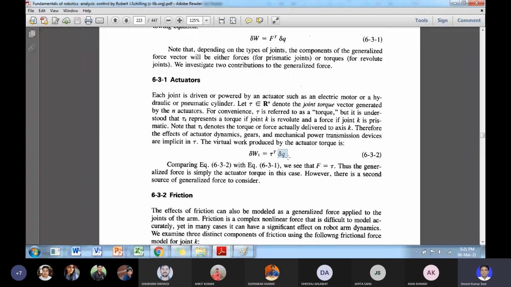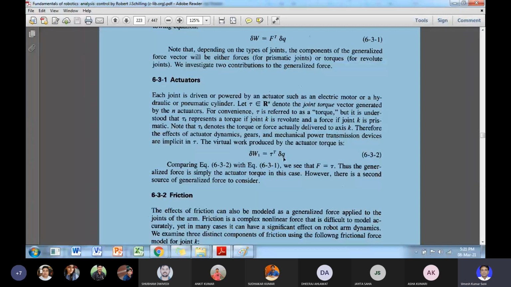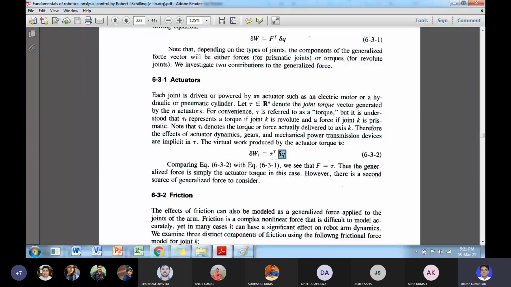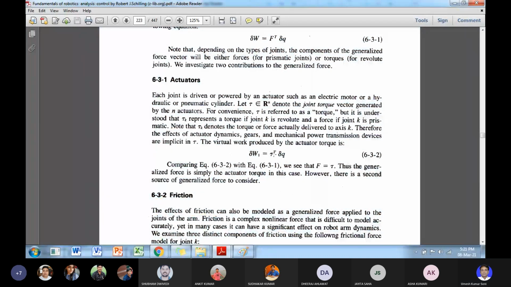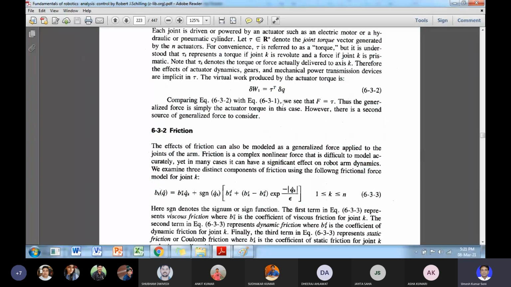Suppose we want to calculate the angles and some sensors are there, so pressure may be there. The virtual work done in a small angular movement will be given by the torque: tau transpose into delta q.